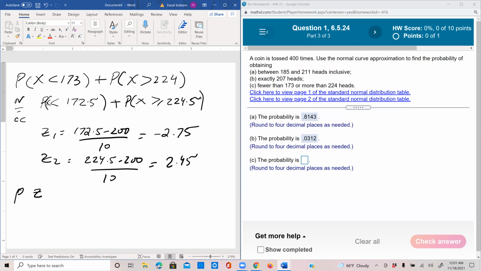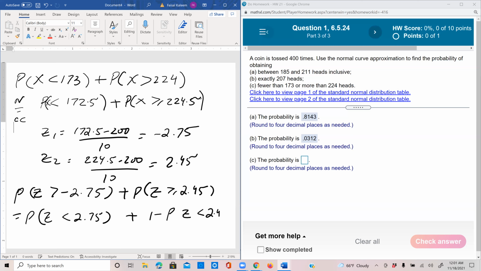So you need the probability Z is greater than negative 2.75 plus the probability Z is greater than or equal to 2.45. So this is equal to the probability Z is less than 2.75 plus 1 minus the probability Z is less than 2.45.